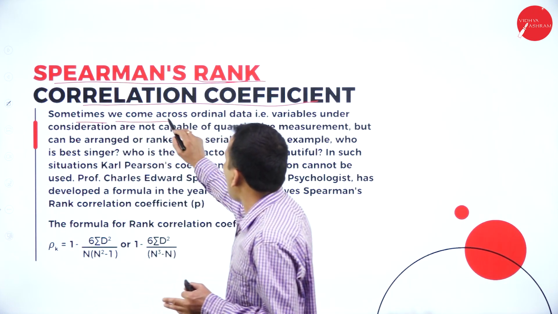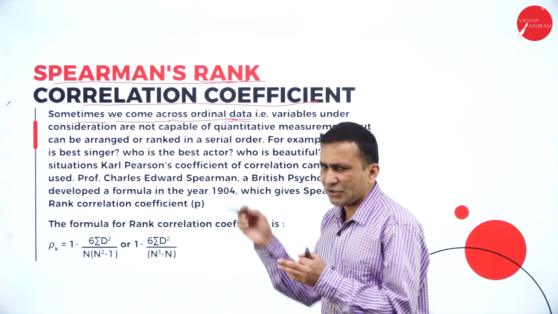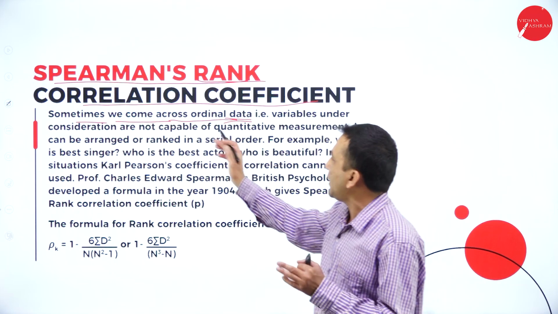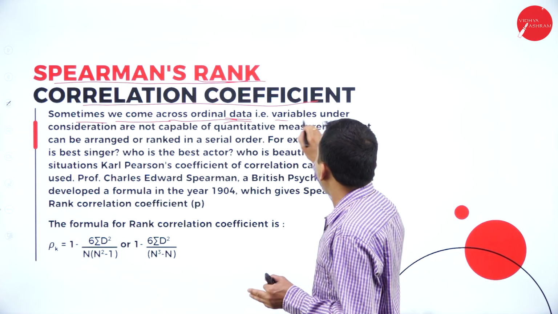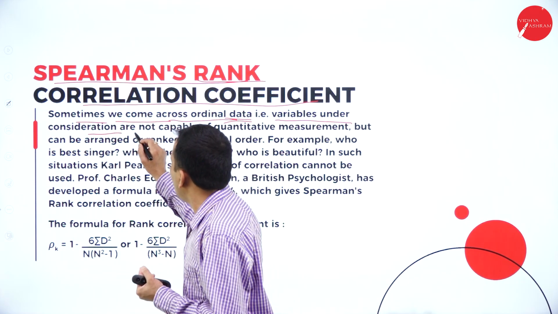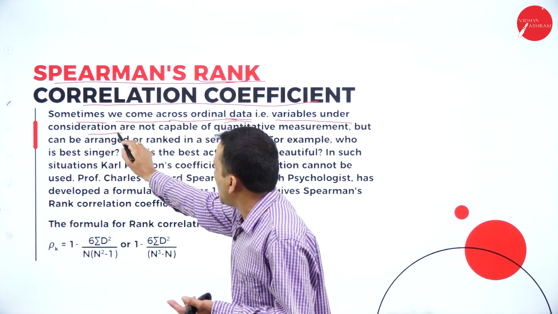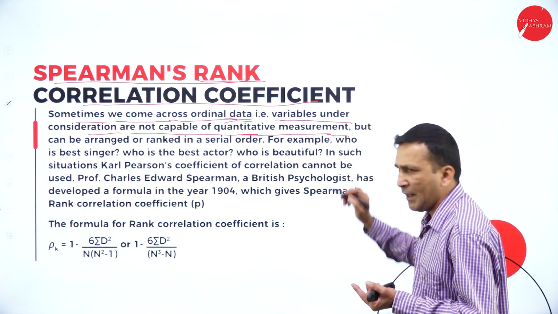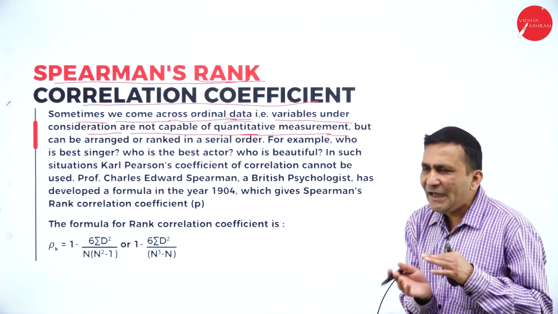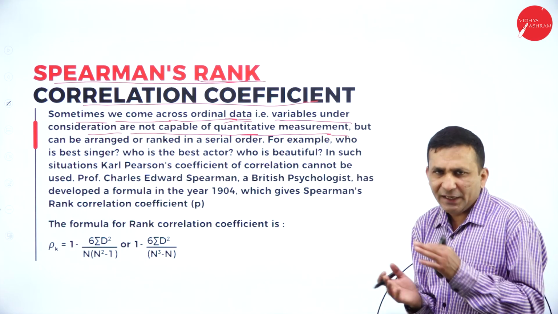Sometimes we come across ordinal data, whatever is given. The variable under consideration is not applicable for quantitative measurement, because under quality we are not able to identify.